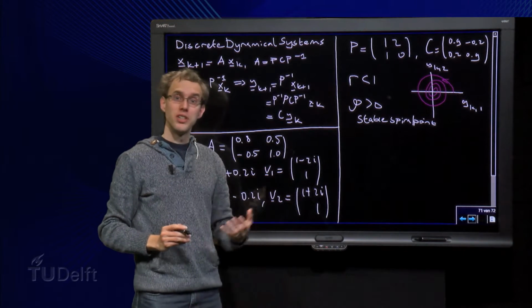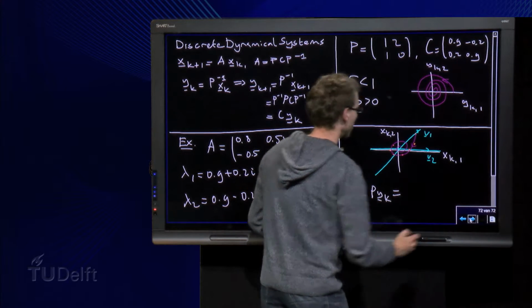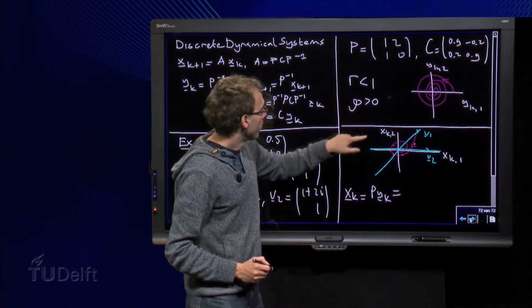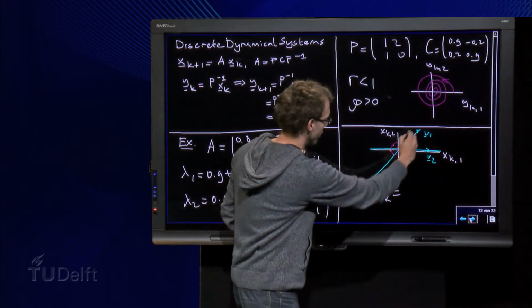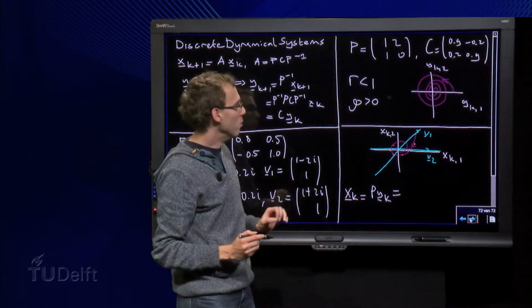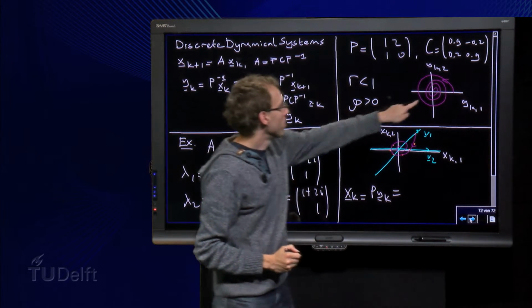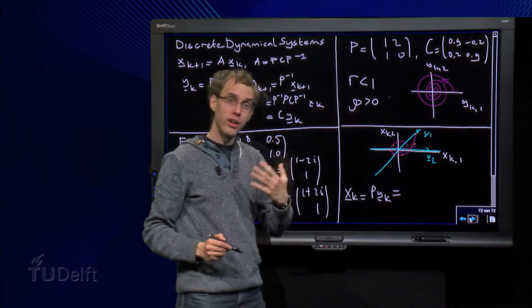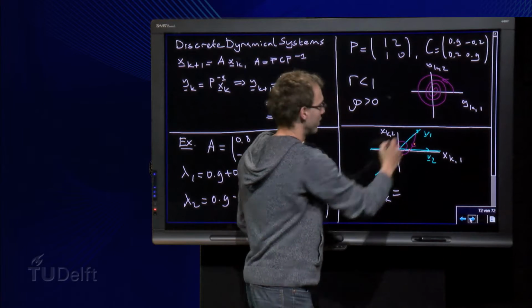Well, how does this look in the x language? We take the v1 and v2, the v1 over here in bluish color and the v2 over there. Suppose we start over here on the v1 axis, so this point over here corresponds with that point over here.